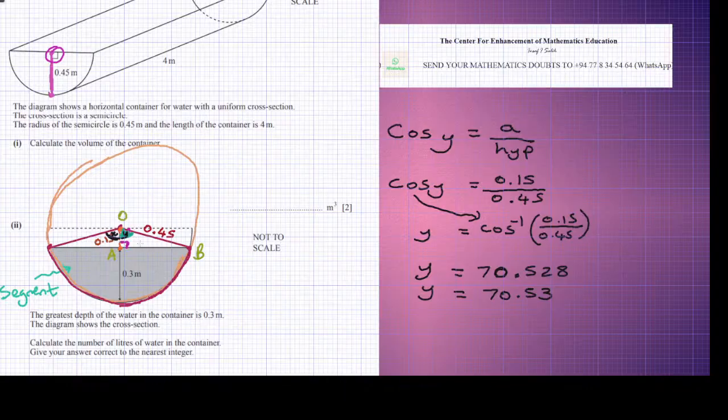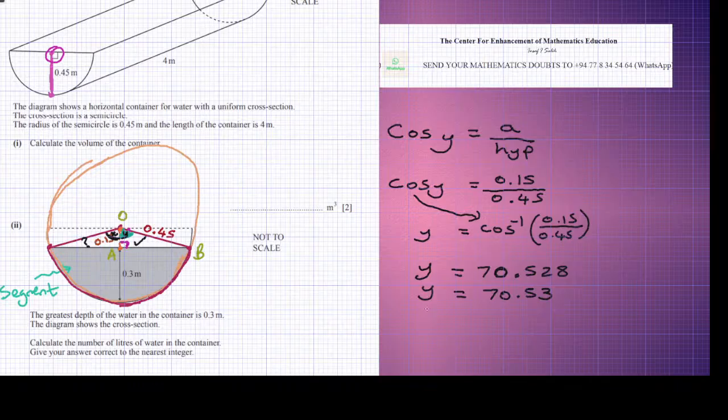So what can we say about these two triangles, the triangle that I'm marking with a tick and a question mark? They are congruent to each other. They are identical triangles. So then what should be x's value? It is equal to y's value.